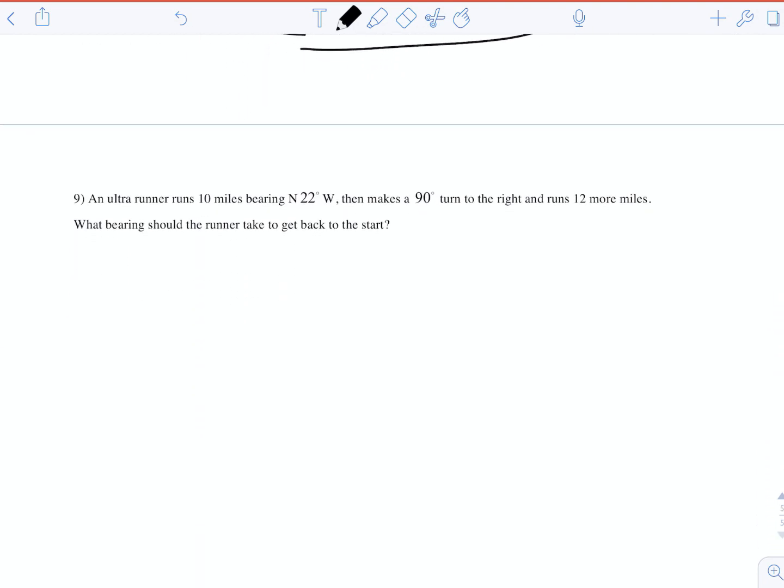And the old ultra runner. So from the north, go towards the west by 22 degrees. And then make a right turn, so going this direction, and then run 12 more miles.